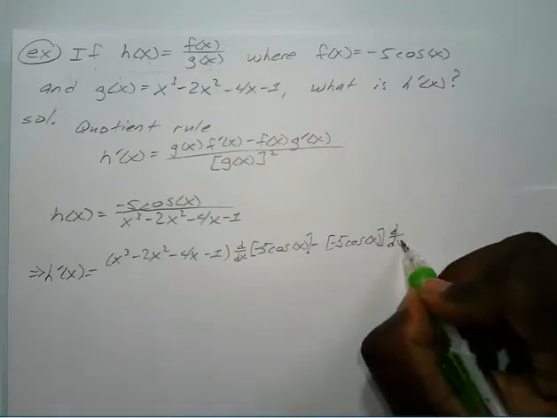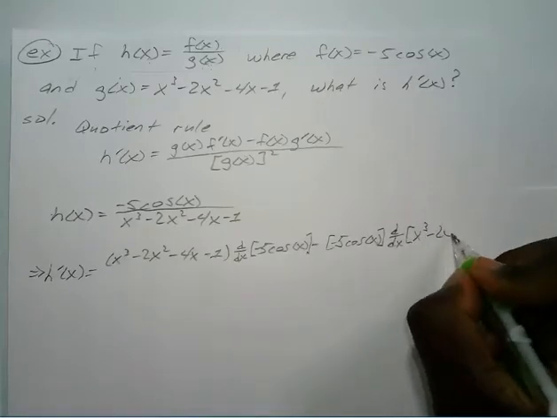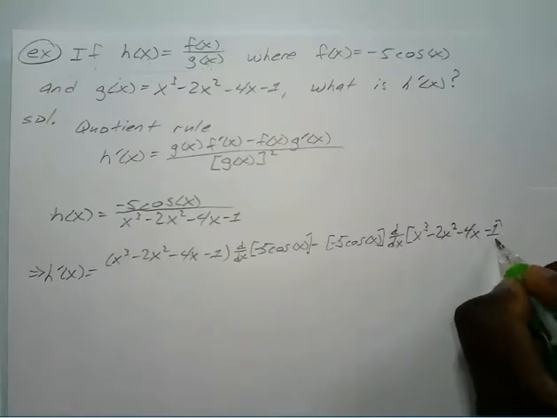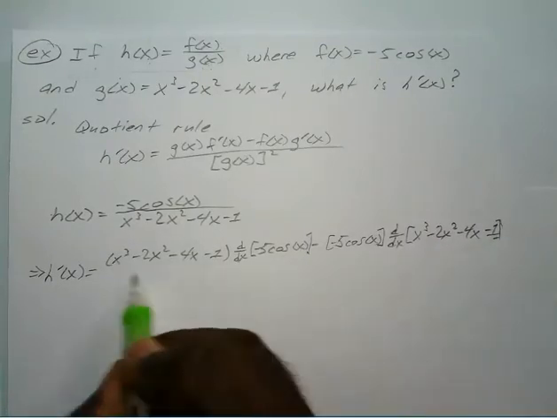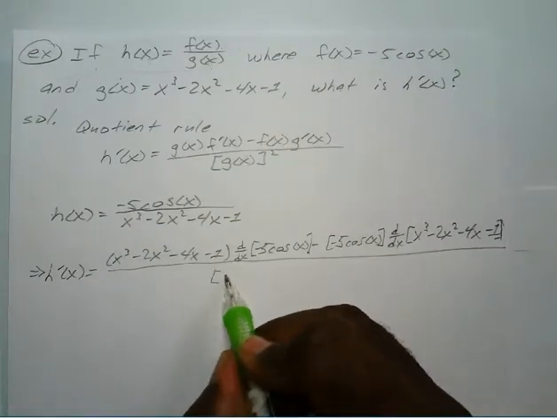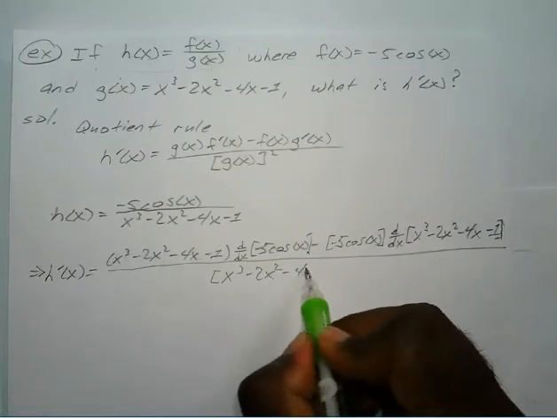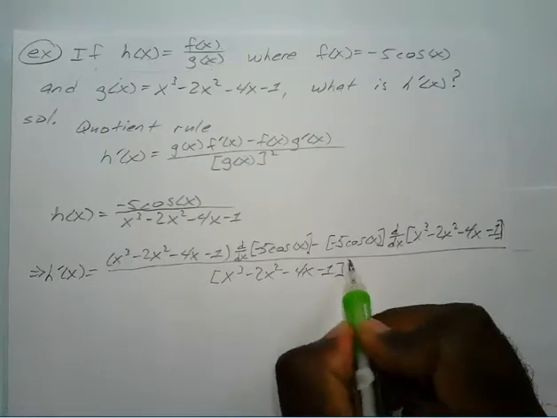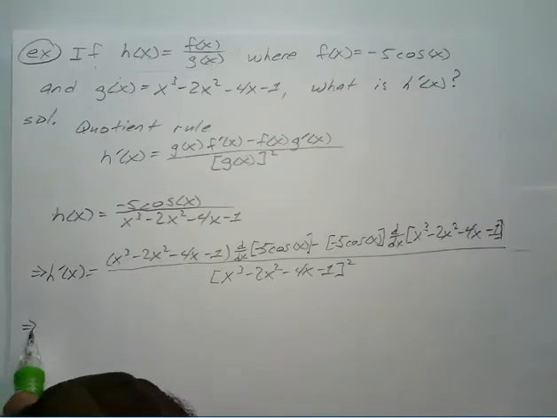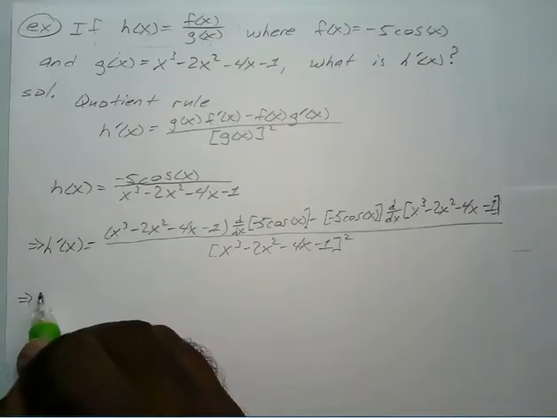So you have the derivative of the denominator, so x to the third minus 2x squared minus 4x minus 1, all over your denominator squared. So you have x to the third minus 2x squared minus 4x minus 1 squared. I know that's quite a handful to write.